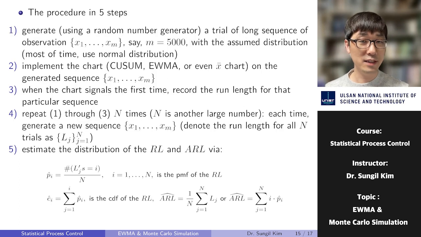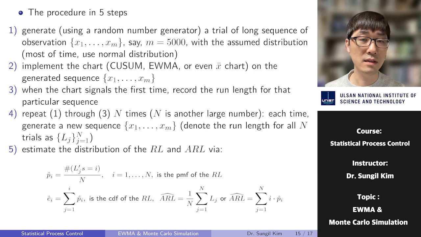Here, let me explain the simulation-based procedure in 5 steps for finding run length distribution. First, generate a trial of a long sequence of observations using a random number generator with the assumed distribution. Most of the time, we use a normal distribution. Second, implement the chart on the generated sequence from the first step.